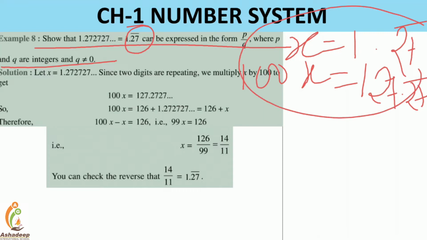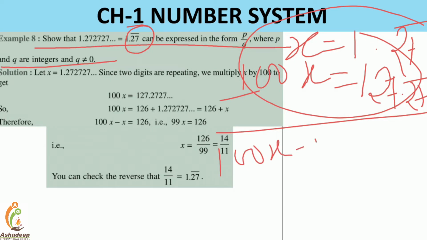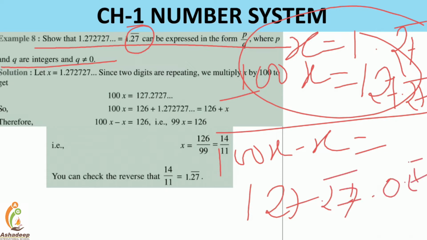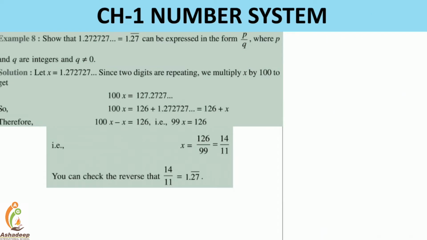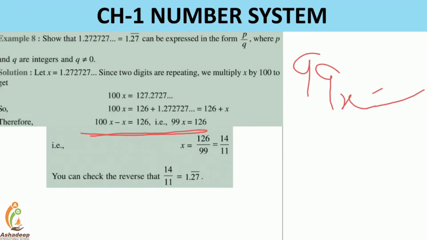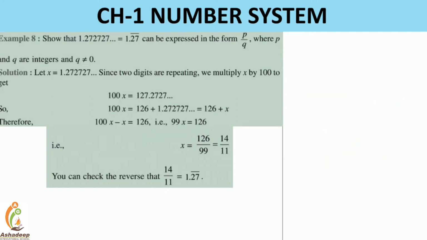Now subtract the equations: 100x minus x equals 127.27 bar minus 1.27 bar. So we get 99x equals 126, and now 99 goes from multiplication to division, right? You can cut it down and you will get 14 on 11.